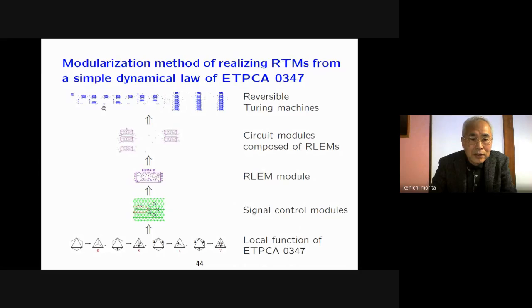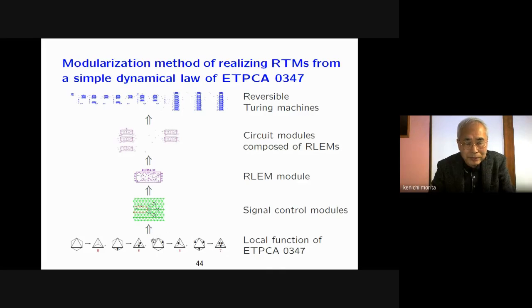The resulting configuration is very complex, but it is composed of many modules, and the modules are further decomposed into logic elements, and logic elements are composed of some basic phenomena, and basic phenomena come from the underlying very simple logical rule, the local function.